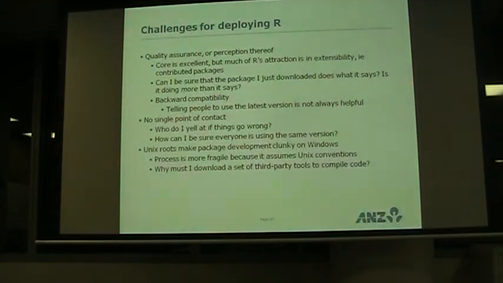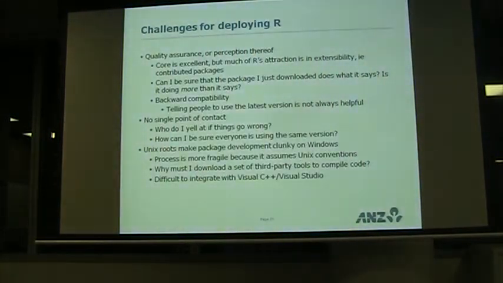Why must I download a whole bunch of Unix command line utilities to compile code? It's difficult to integrate with, say, Visual C++, which is everywhere in the corporate world. Some really useful packages like, I think, inline just will not work with Visual C++, because R can't be compiled with Visual C++, basically, not without a whole lot of work.